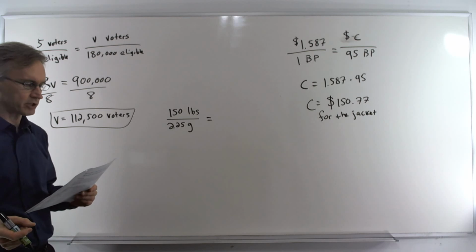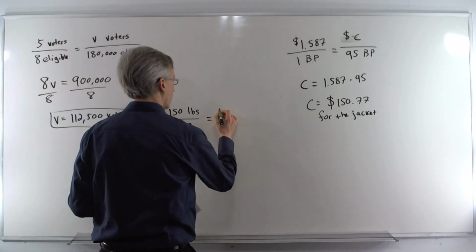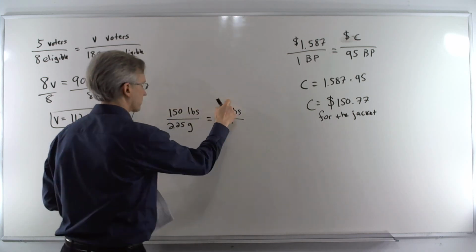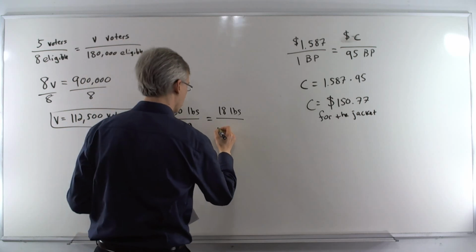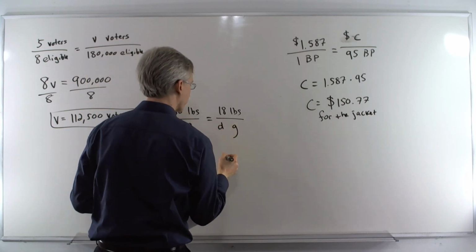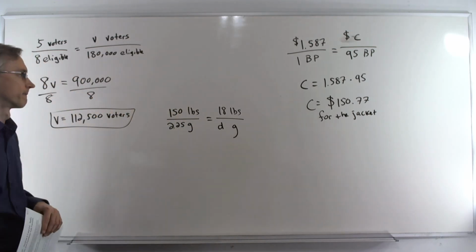Now we want to figure out how much should be administered to an infant that weighs 18 pounds. So we have 18 pounds on top, pounds on top, we'll put the grams on the bottom, and D for dosage, D grams.